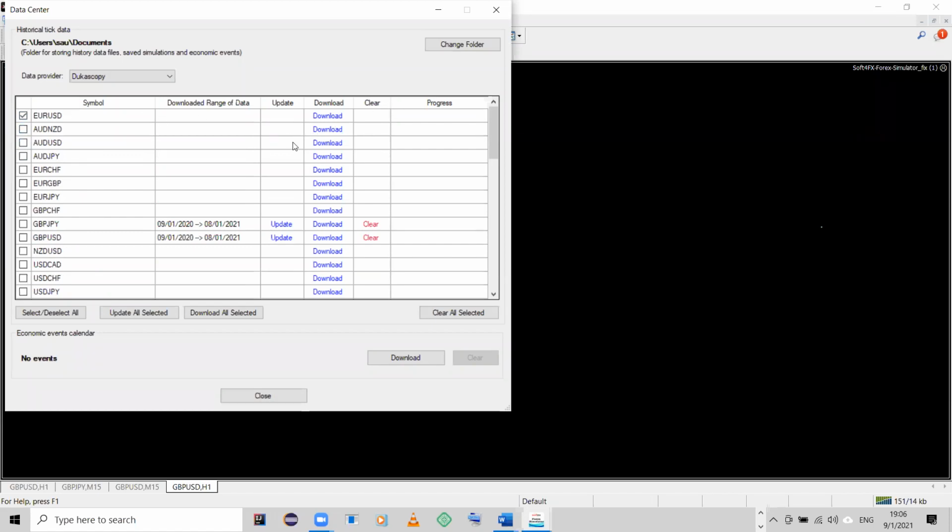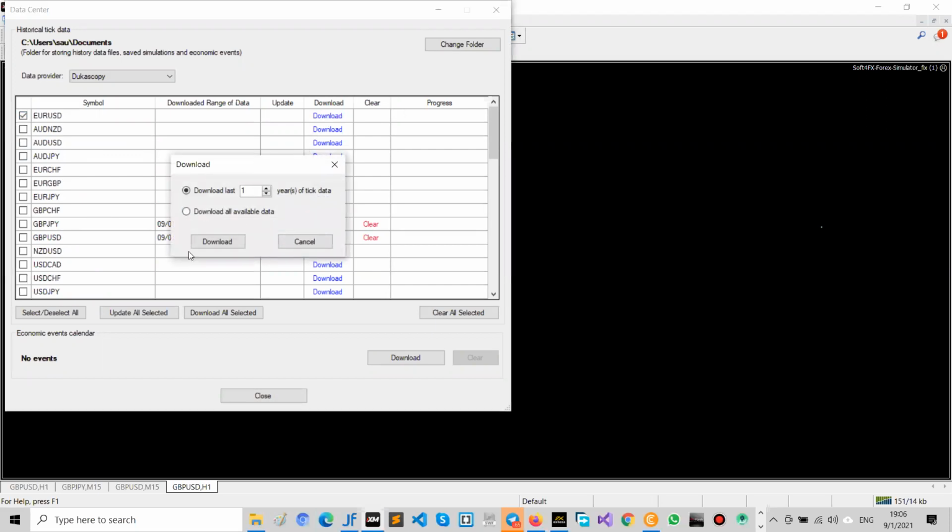For this example, I'll be using EURUSD. As you can see, I clicked here. So I download here. On this part, you select how many years backwards you want to start your backtesting from. You just increase to how many years you want, and all the data, all the price movements, will be downloaded.